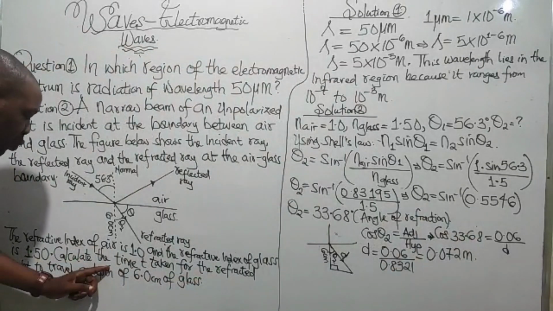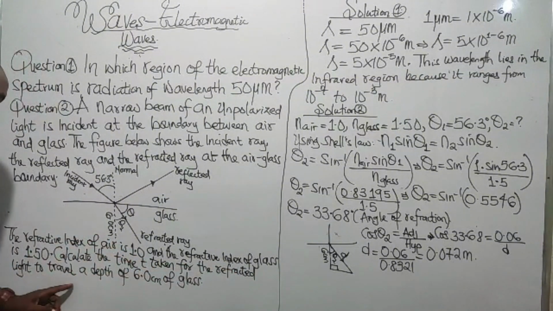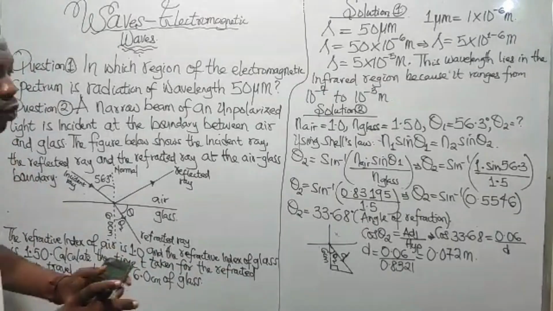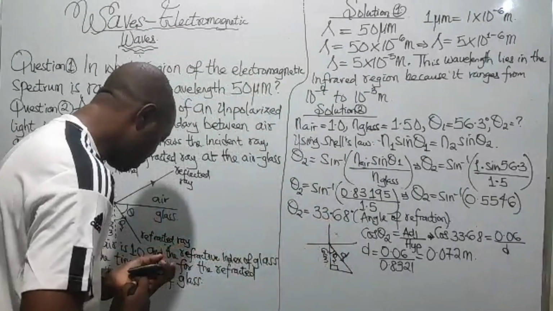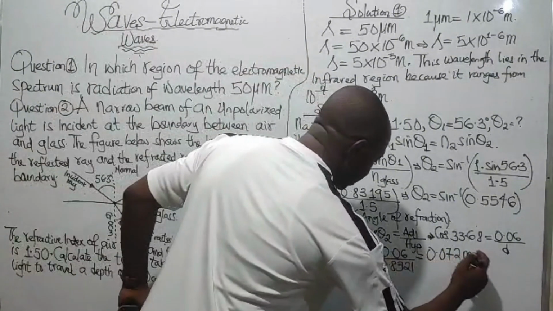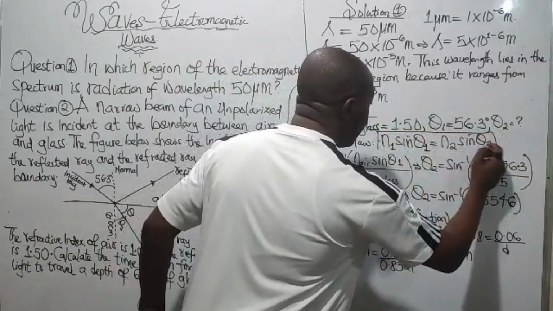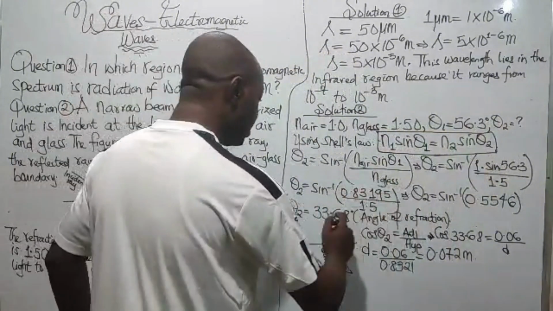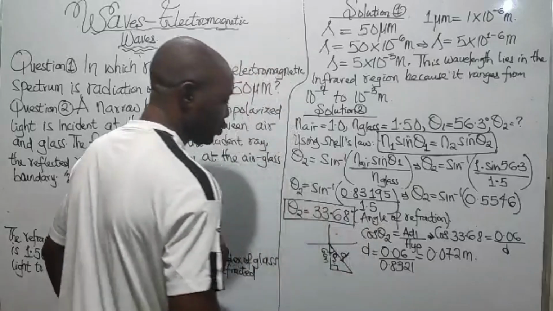Now we want to calculate the time t taken for the refracted light to travel a depth of this 6 centimeters of the glass. Remember in my previous video, this is important, we used Snell's law to get the value of the angle of refraction.